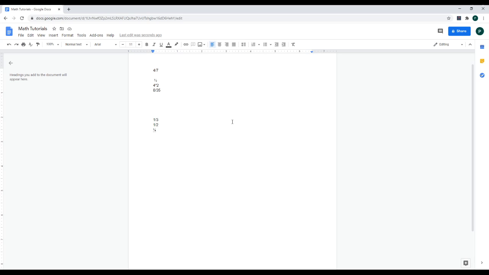Now, it is still perfectly possible to do something called cross simplifying. As you can see, I'm currently working on the problem 7/12 by 3/28. What I can do is still divide the numerator of one fraction and the denominator of the other.